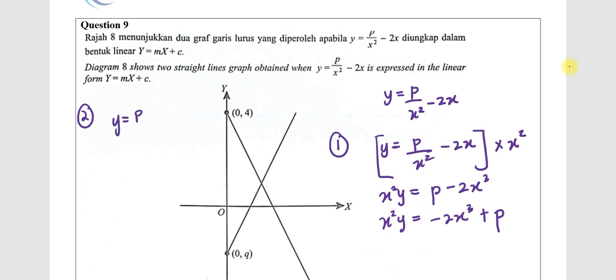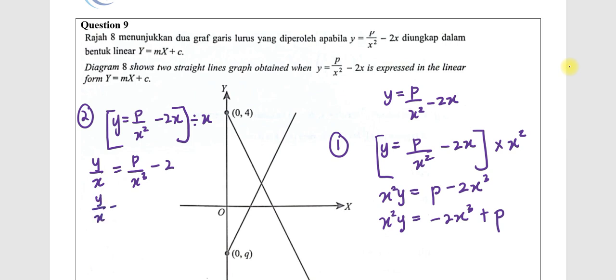The second one, y is equals to p over x square minus 2x. Okay, sekarang tadi kita darab dengan x square untuk eliminate the x square. Okay, sekarang cuba kita eliminate this x. Kita kena bahagi dengan x. Betul tak? Jadi y over x equals to p, x square, dia bahagi, dia jadi x cube, minus 2.